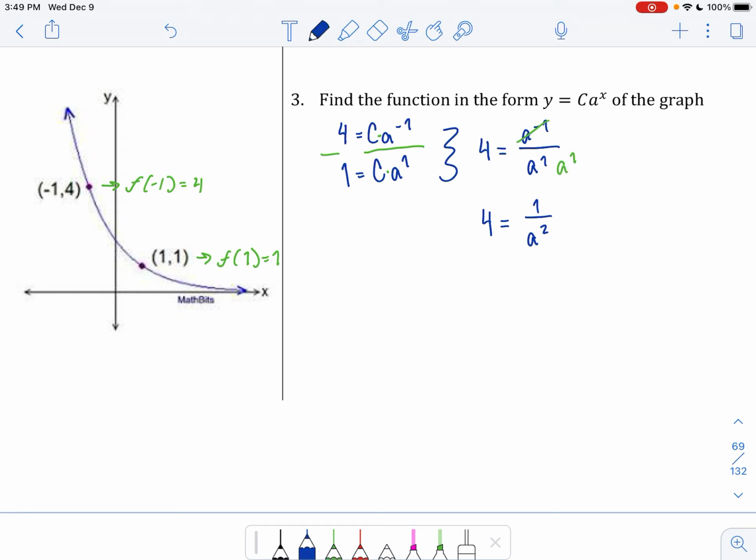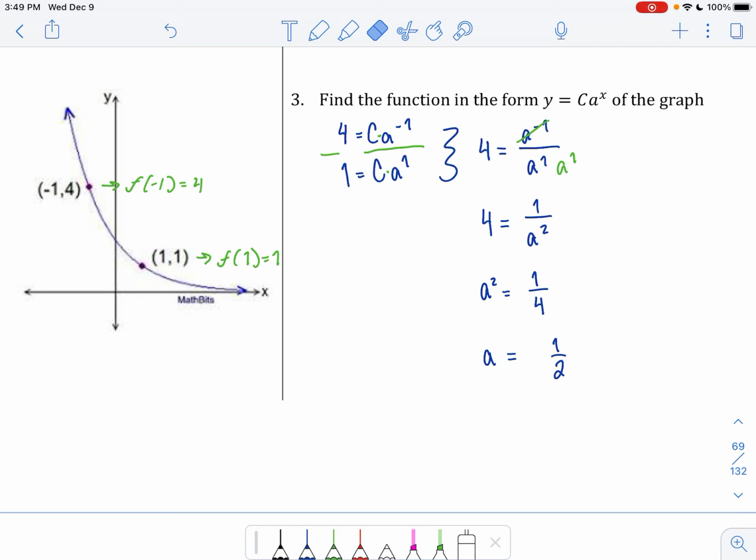I'm going to multiply both sides by a squared and divide by 4. Then a squared is equal to 1 over 4. Therefore a, we could say, is equal to plus or minus 1/2. But if you remember here, we have a decay model, which means that a is in between 0 and 1. So a must be equal to positive 1/2.